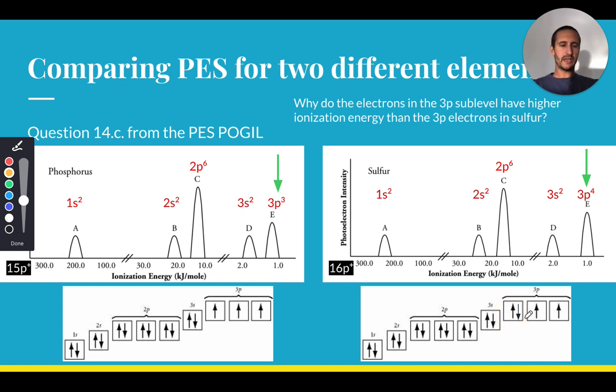And it turns out it's slightly easier to remove a set of electrons when they're paired up compared to when they are unpaired. And so we see that it's a slightly lower energy in sulfur on that 3p level compared to phosphorus in that 3p level.